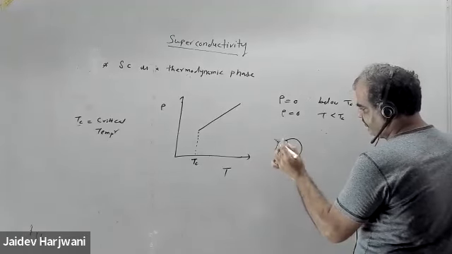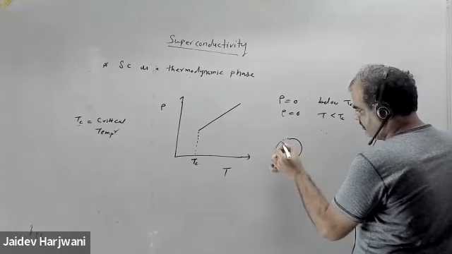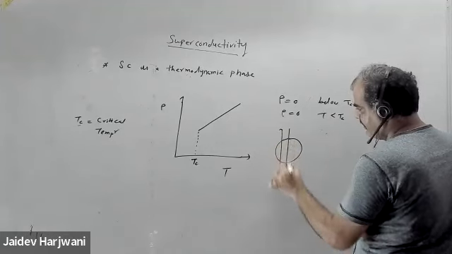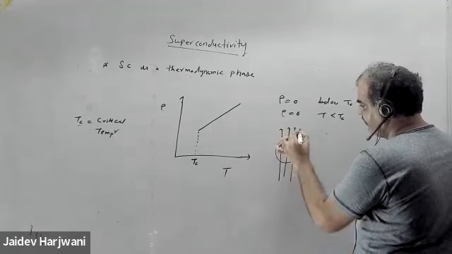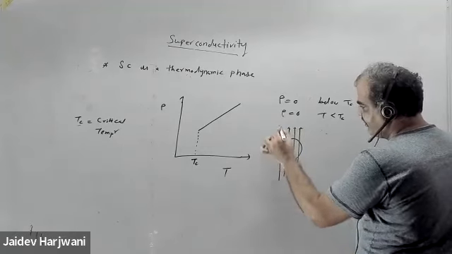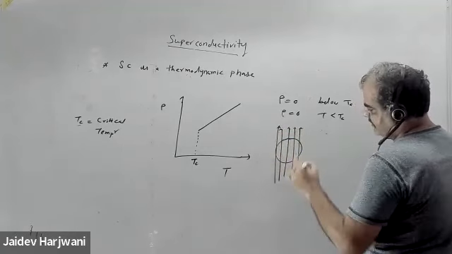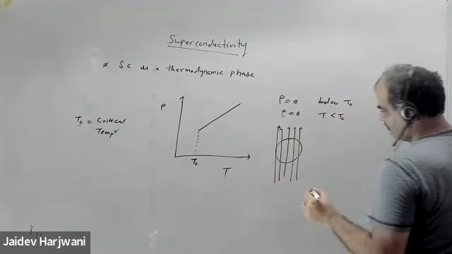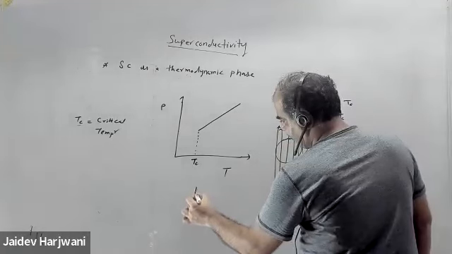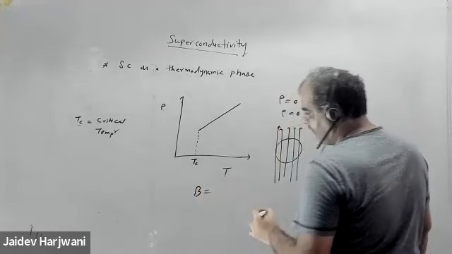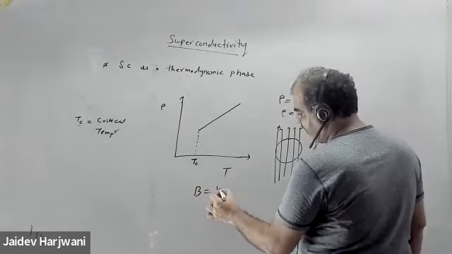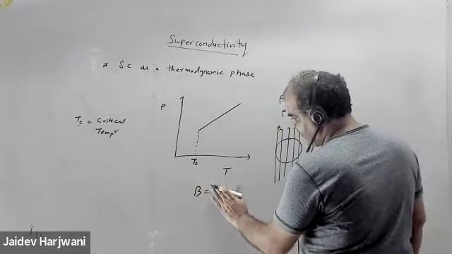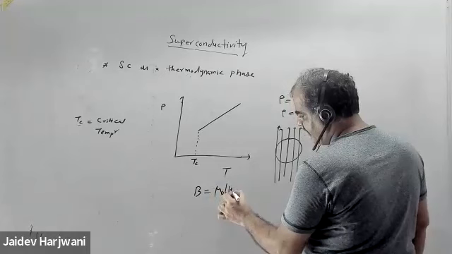for a normal conductor, when I apply a magnetic field, the magnetic field lines penetrate inside this solid. If I write the magnetic induction B, what is it? B is given by mu 0 (H plus M).